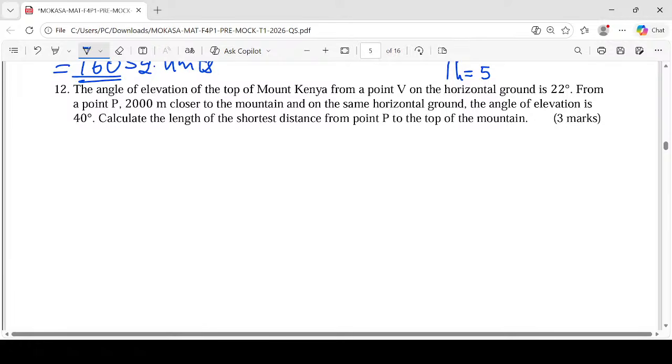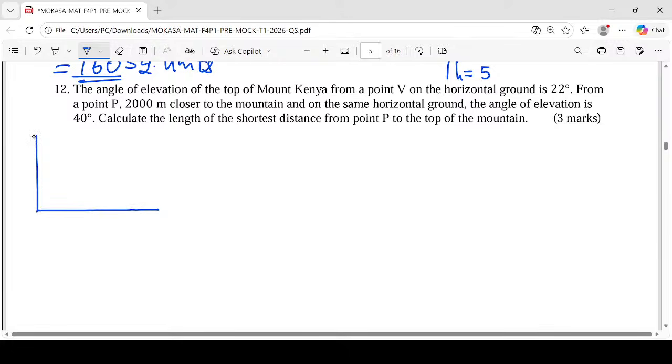From a point P, 2,000 meters closer to the mountain and on the same horizontal ground, the angle of elevation is 40 degrees. Calculate the length of the shortest distance from P to the top of the mountain. So let's say this is the height of our mountain, and this is the ground level.